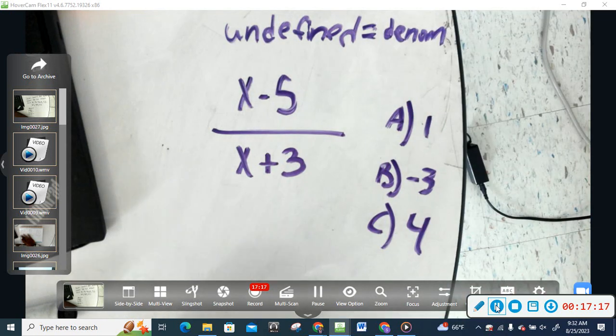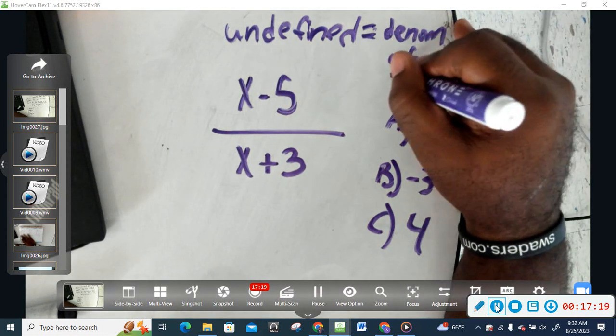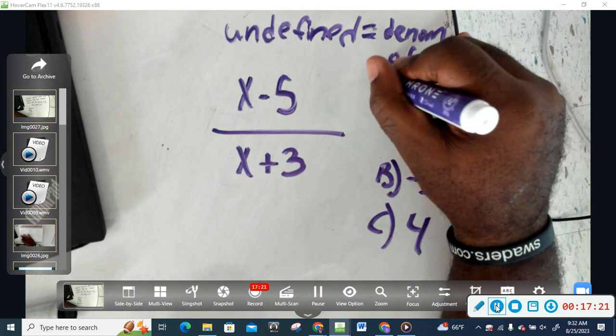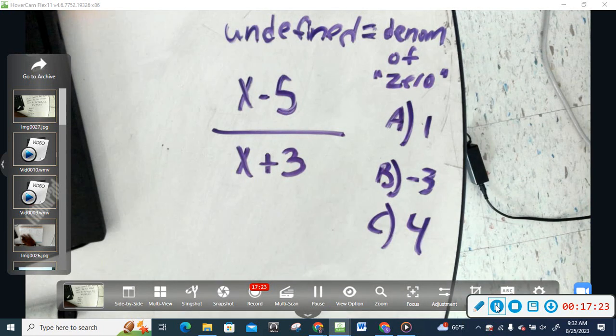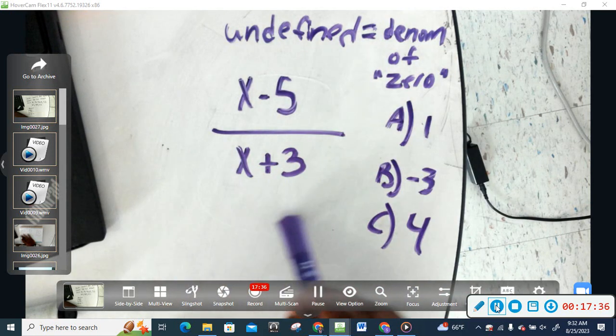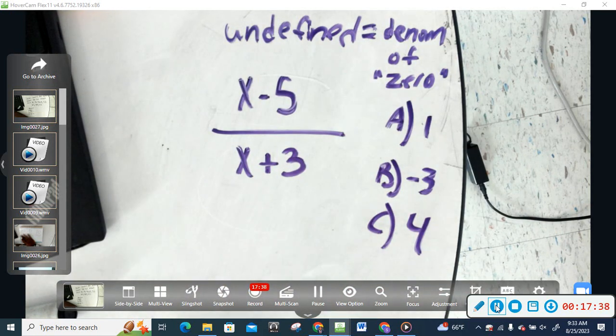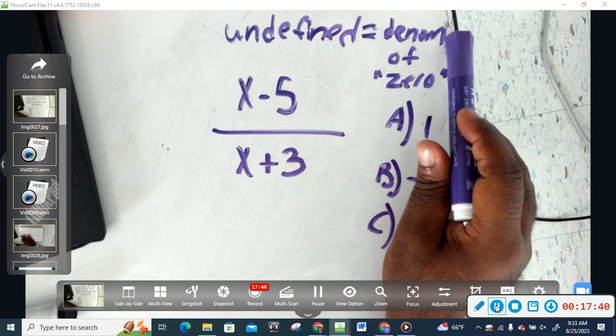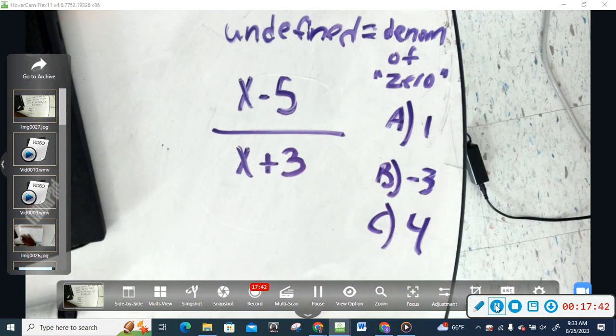I'm just going to write denom of 0. Everybody remember numerator and denominator, right? Numerator is the top of my fraction. Denominator is the bottom of my fraction. Okay? So everything up here is my numerator. Down here is my denominator. So undefined means I have a denominator of 0.